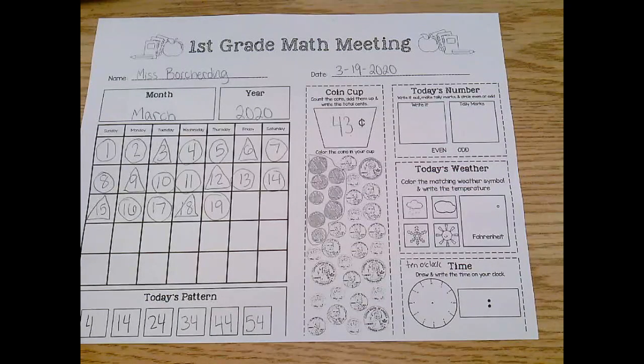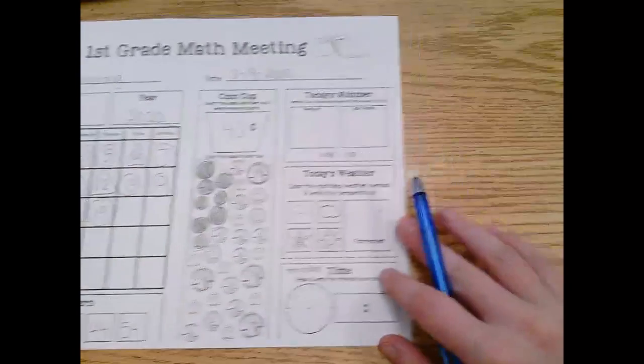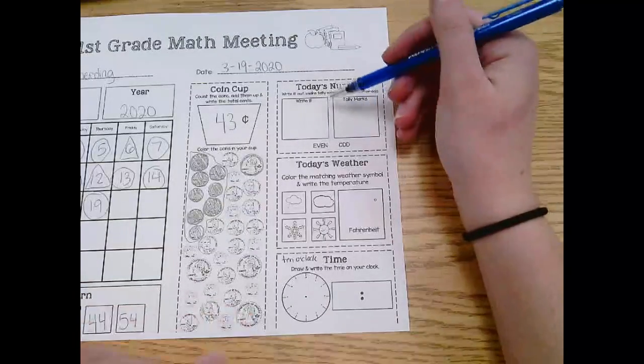We could use a quarter and a dime and a nickel and 3 pennies, 25, 35, 40, 41, 42, 43. Or we could use 43 pennies. But that would be a lot of pennies. Okay, once you're done with your coin cup, we're going to go over to today's number.